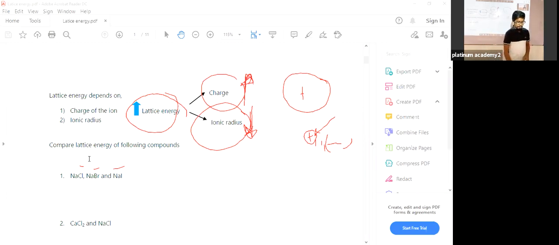So we can write down the ionic radius of chloride ion. Smaller.